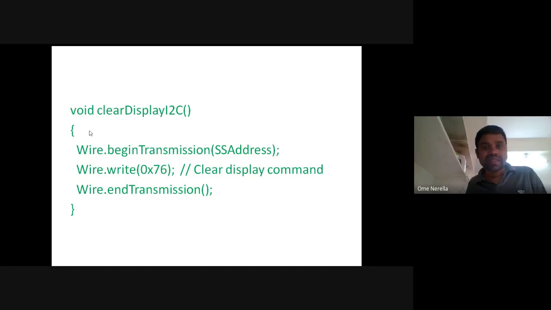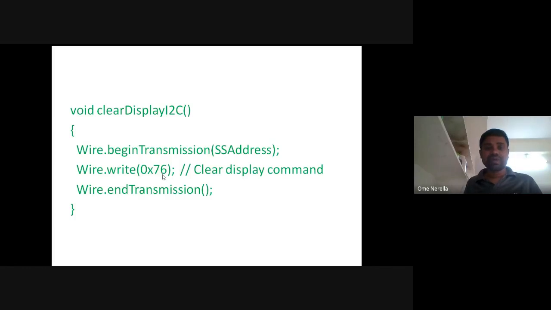Now, in order to clear the display, this is a user defined function. We need to send two things: one is commands, one is data. Previously we have seen the data. Now, how to send the command? In order to send a command, as with data, we use Wire dot begin transmission, Wire dot write 0x76.